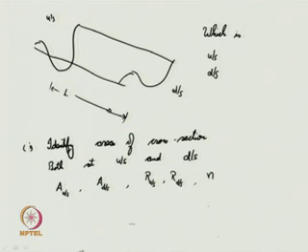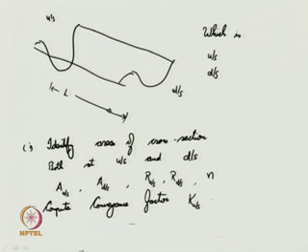Now, using these parameters, you have to compute the conveyance factor both at upstream and downstream. I hope you are aware how to obtain the conveyance factor: K = (1/n) A R^(2/3).